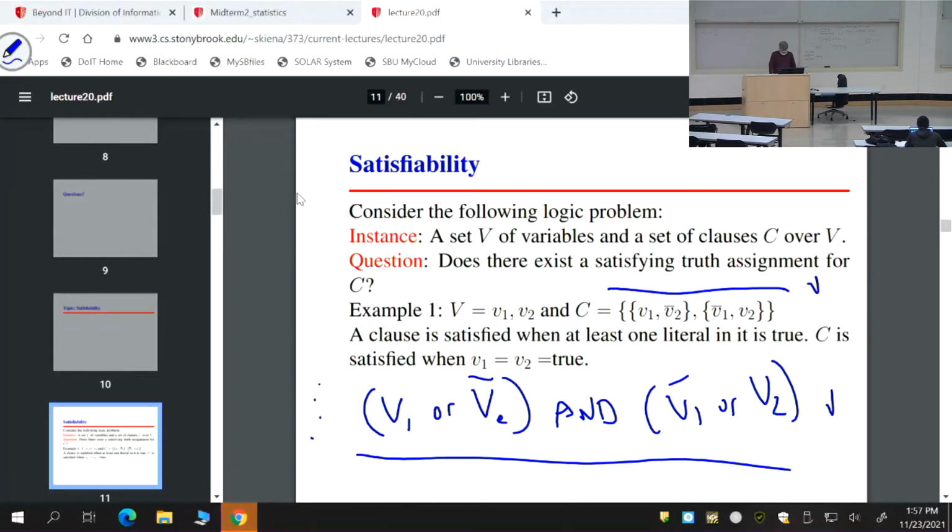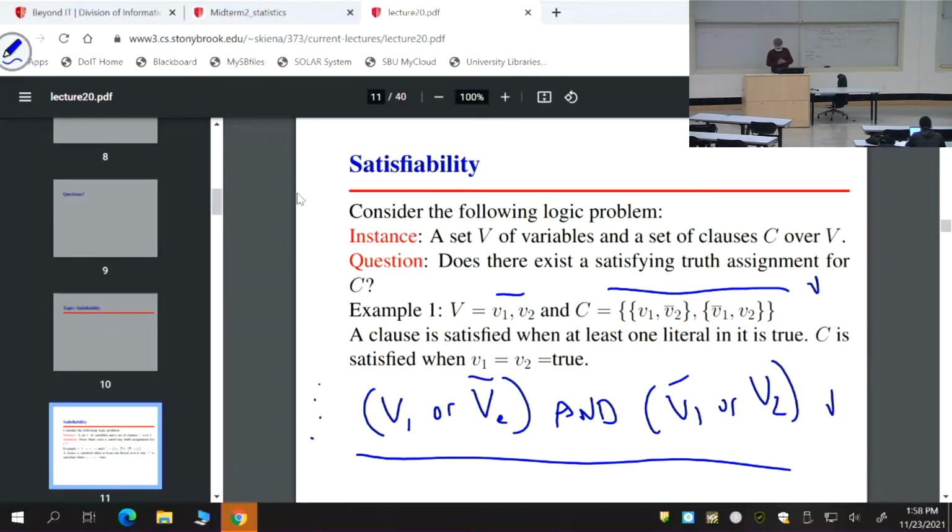If you've got n Boolean variables in your formula, here n is equal to 2, but in general, there are 2 to the n possible ways of assigning values to the variables. If you try all of those 2 to the n possibilities, and one of them comes up with the formula being true, we say that formula was satisfiable. I just gave you an easy algorithm for this. The trouble is it was an exponential time algorithm because it went through all 2 to the n different logic assignments.